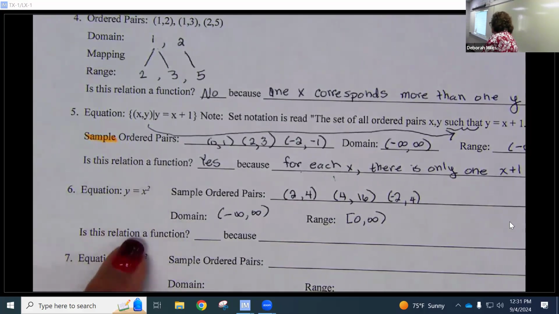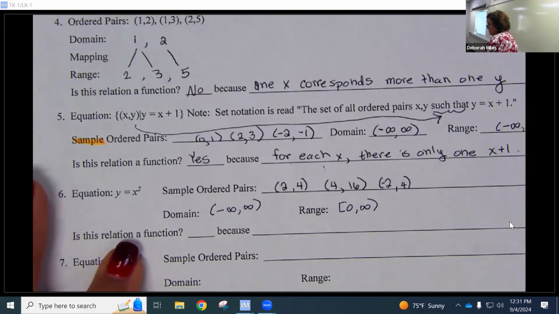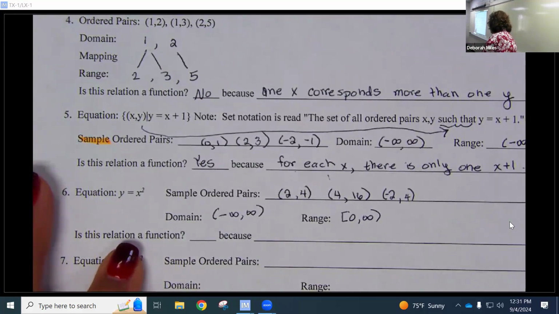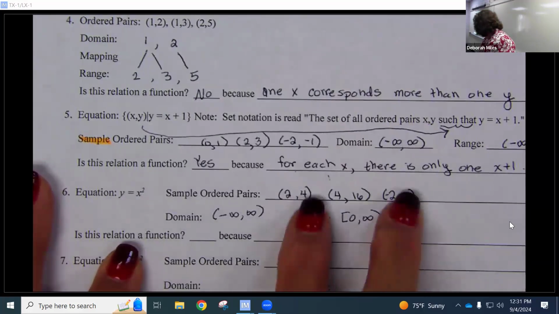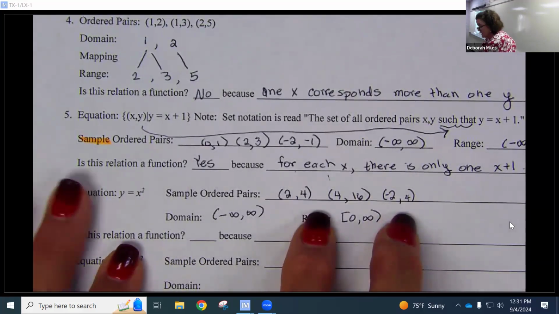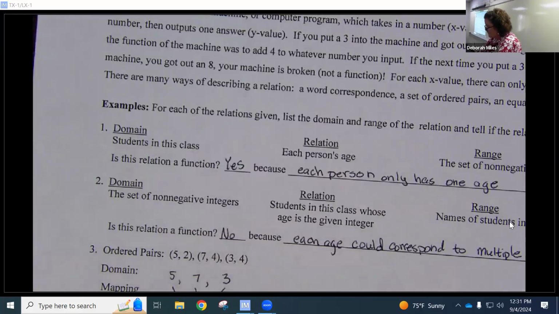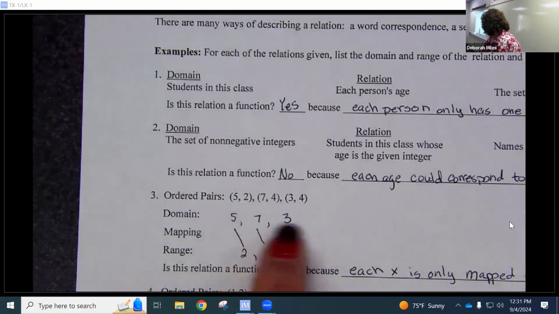Is that relation a function? For each x, is there only one y? Does it matter that two different x's had the same y? It didn't matter up here when two different x's had the same y.